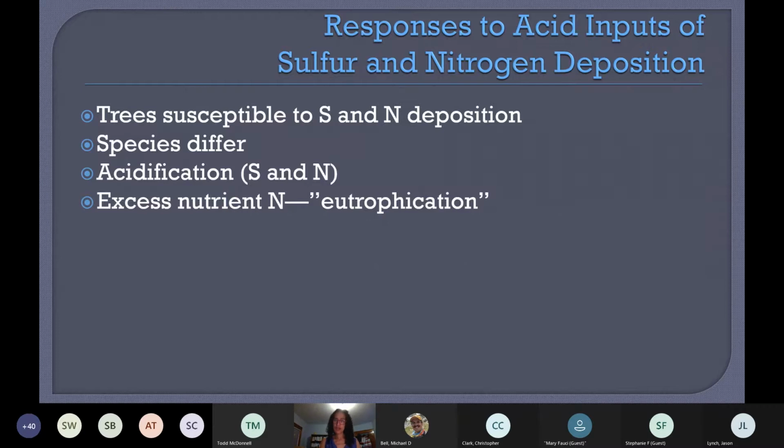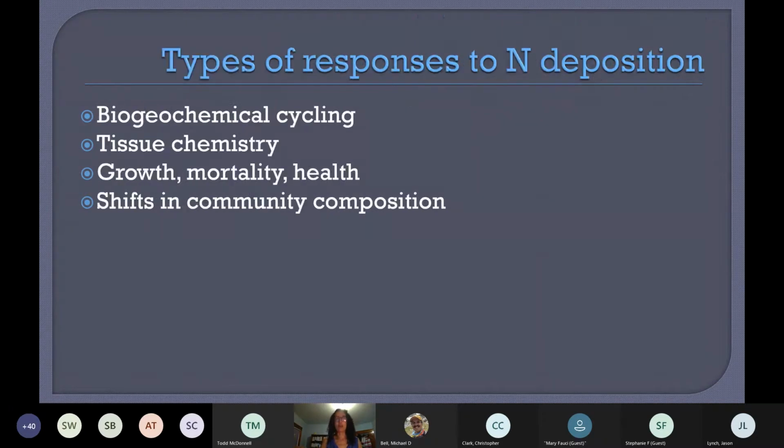So it increases growth, which is often considered a positive thing when you're putting fertilizer in your garden. But too much nitrogen can disrupt the ecosystem cycling and lead to significant harm. And so these nitrogen types of effects are called either eutrophication or excess nutrient nitrogen.